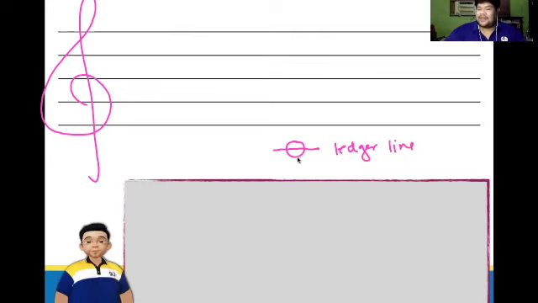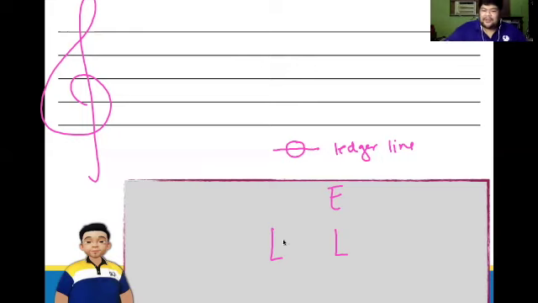So let's find this out. It is still located below line number 1, and line number 1 is letter E. The note that we are looking for is located below line number 1, on a short line or ledger line, just one ledger line below.